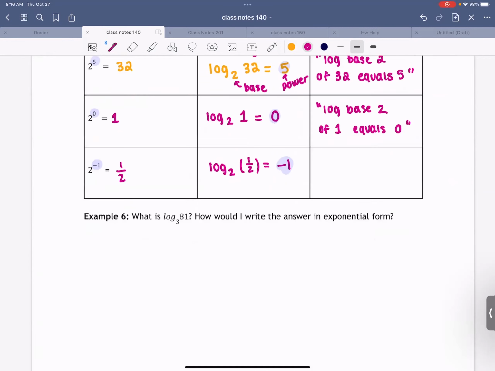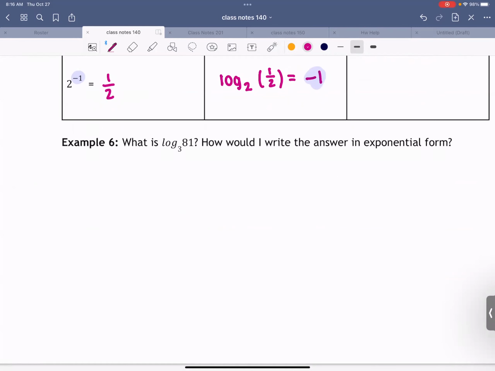Before we do this question, I want to rewrite this so we have a better understanding of what it's telling us to do. Log base 3 of 81. There's two ways you can go about this. You can think of this conceptually, or you can think of the symbols in different places. Let me do the symbols first.